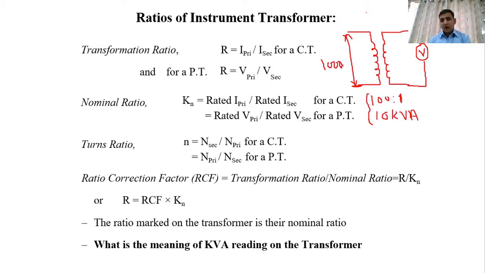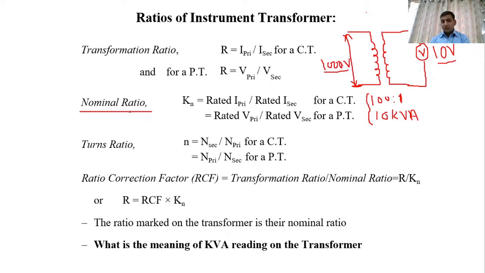Then our potential transformer reads it to be 10 volt. This ratio of our particular instrument transformer, which is 1000 divided by 10, is called the transformation ratio.